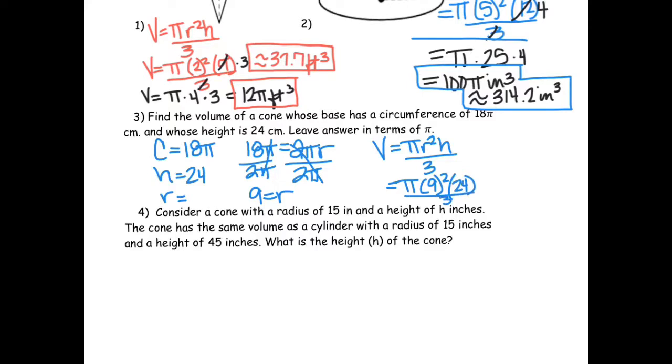And again, I'm going to simplify. 3 will go into itself 1 time. 3 will go into 24 8 times. So I really have pi times 9 squared, which is 81, times 8, which is 648 pi. What are my units?